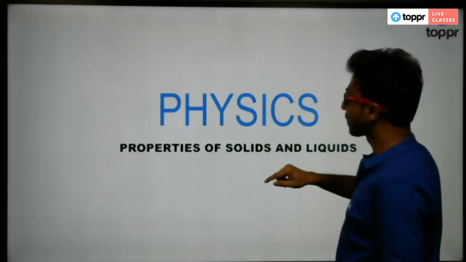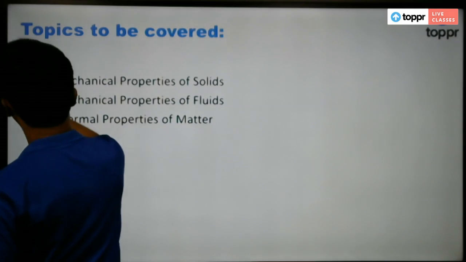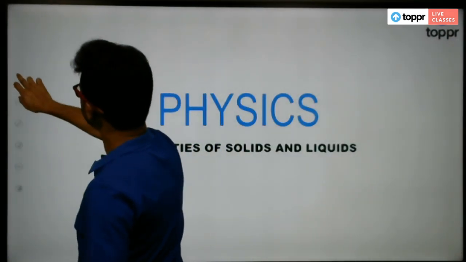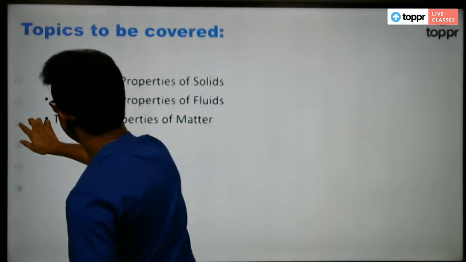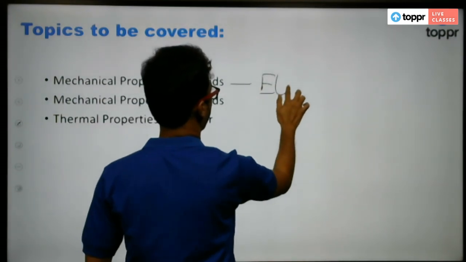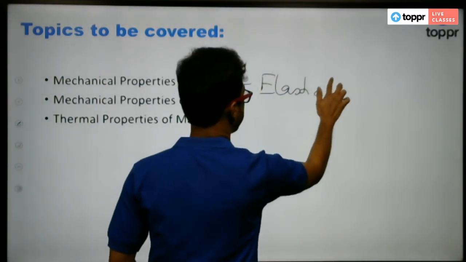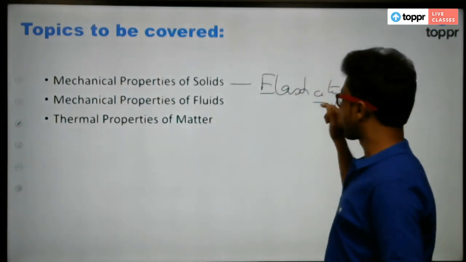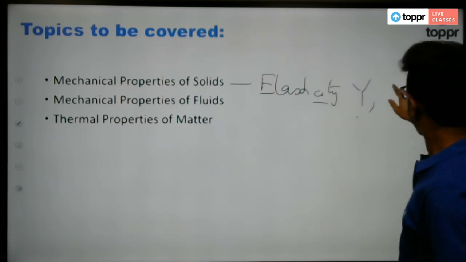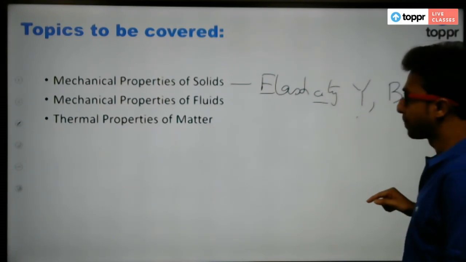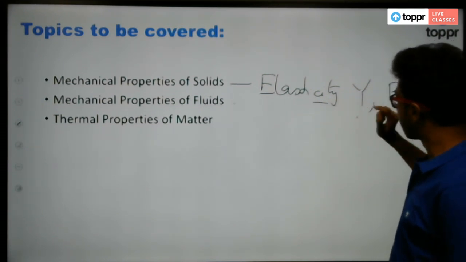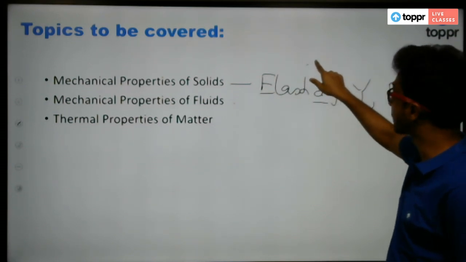They are elasticity. In elasticity, you have three kinds of elasticity: one is the Young's modulus, one is the bulk modulus, and so on. Mechanical elasticity will also cover springs and spring constant.